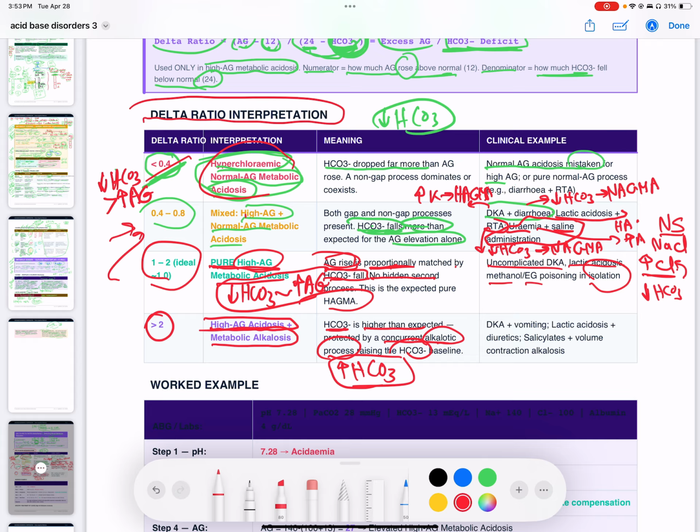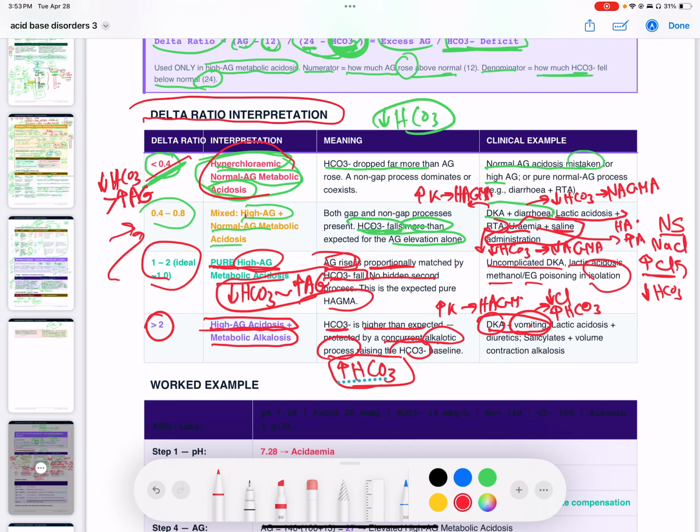So here is the same concept, right? And when can you see this? Actually, this is common as well because sometimes DKA and vomiting match together. The DKA will increase the ketones and cause high anion gap metabolic acidosis, and with the vomiting, you will lose chloride. So decreased chloride will increase the bicarb, as we'll talk about.